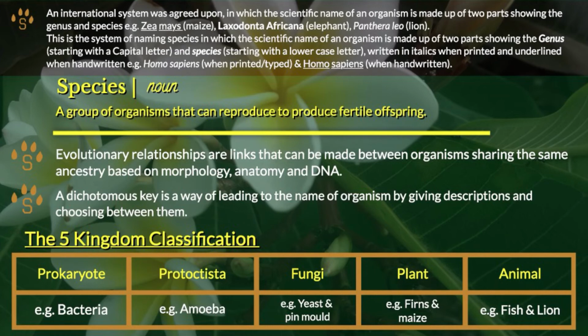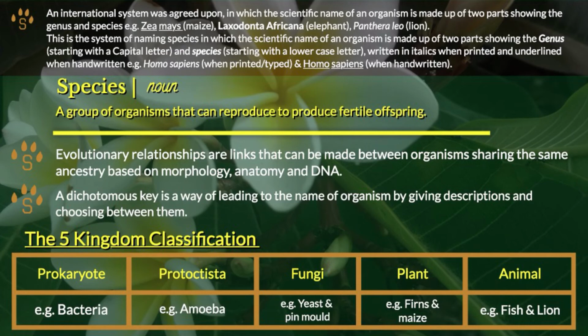So we're going to look at the 5 kingdom classification. The first one is the prokaryote. For example, bacteria, it's an example of a prokaryote. Then we have Protoctista, which is, for example, the amoeba. We have many different types of amoebas. Then the next one is fungi. The fungi is, for example, yeast and pin mold.